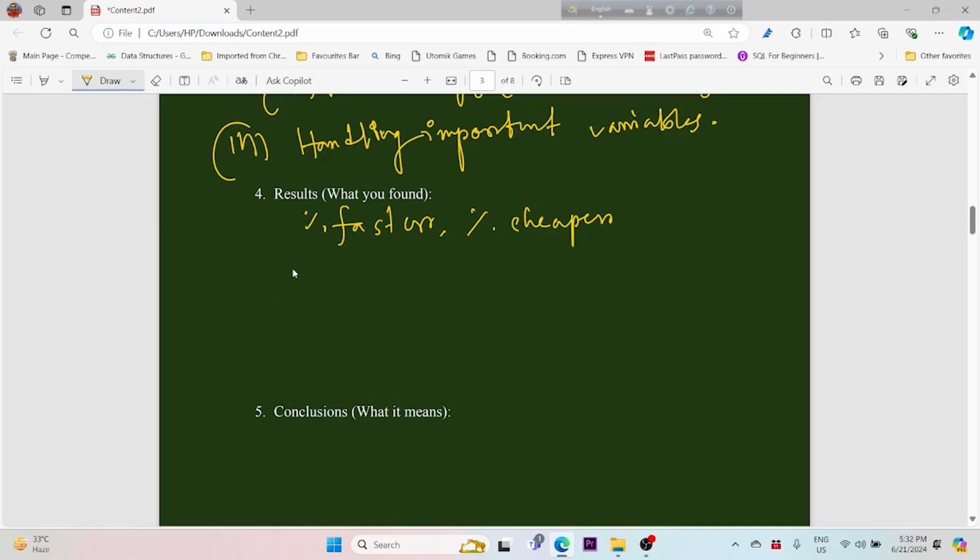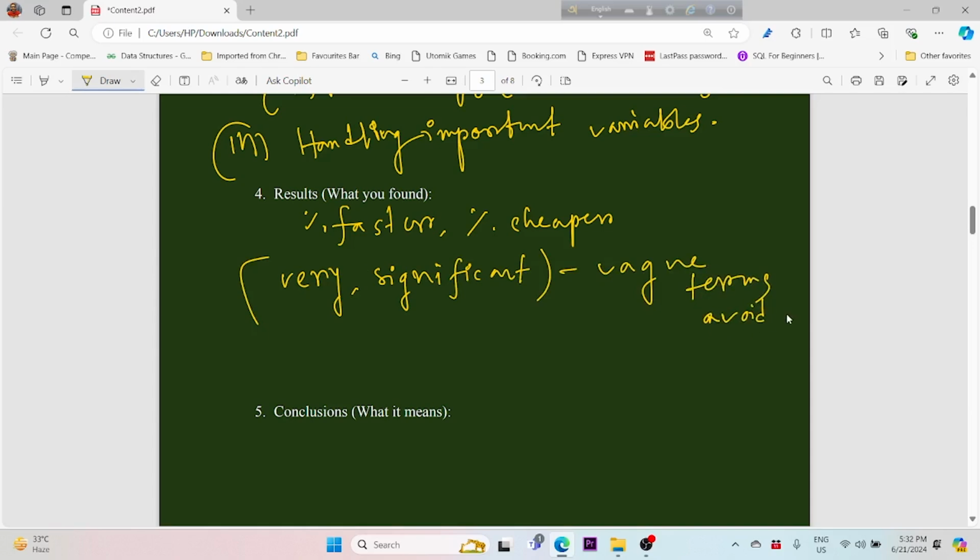And you must avoid vague terms like very or significant. You need to avoid these vague terms. And you will have to aim for clear numbers, but acknowledge potential misinterpretations.